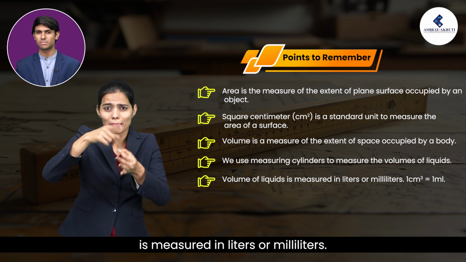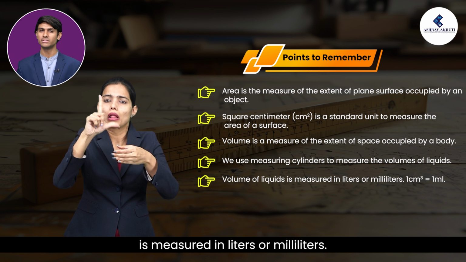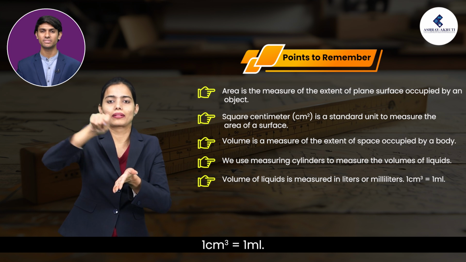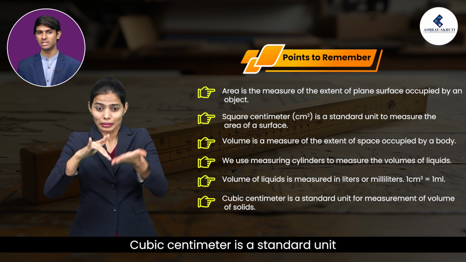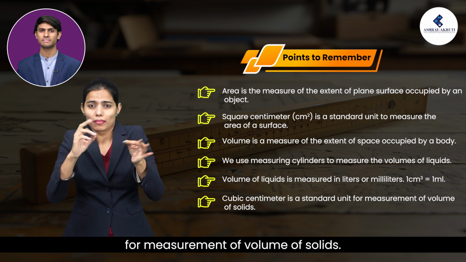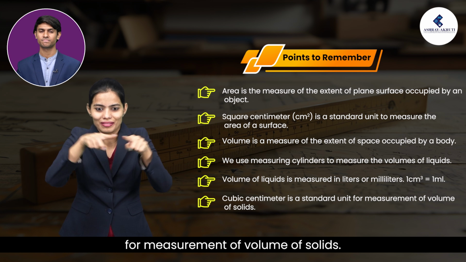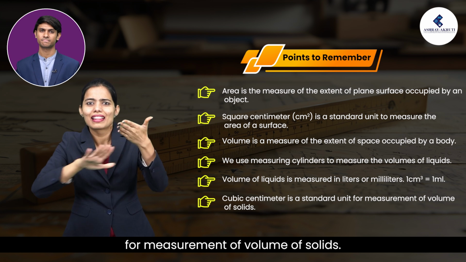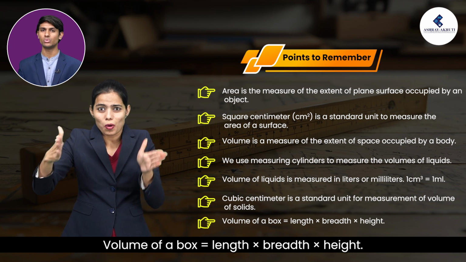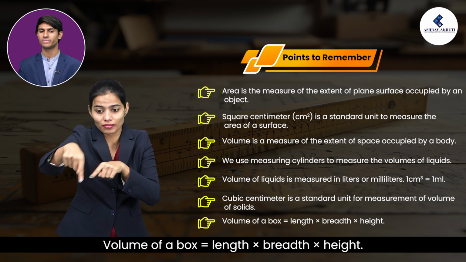Volume of liquids is measured in liters or milliliters. 1 cm³ is equal to 1 milliliter. Cubic centimeter is a standard unit for measurement of volume of solids. Volume of a box is equal to length into breadth into height.